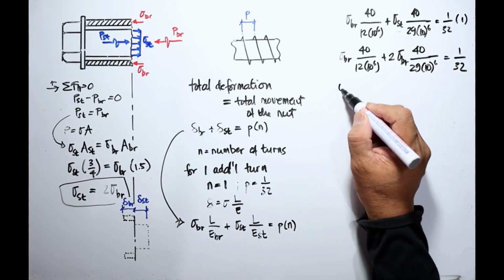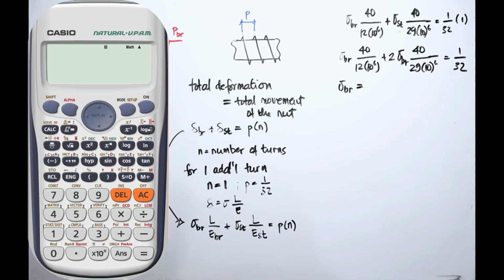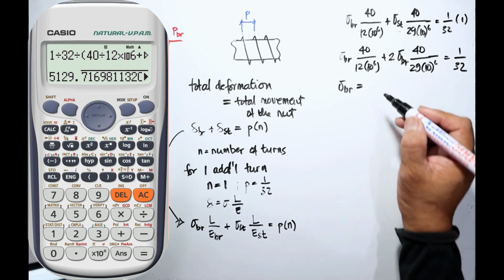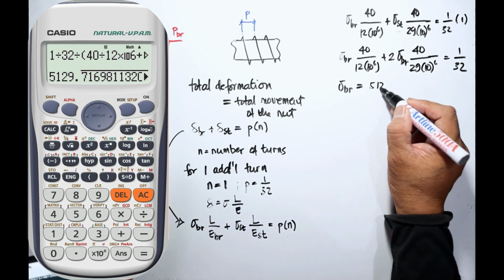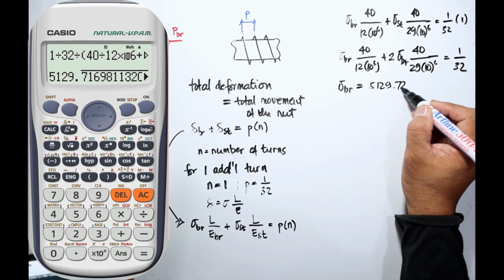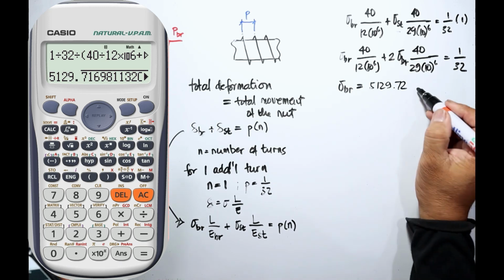So the stress in the bronze equals 1 over 32 divided by the quantity, the sum of this one, 40 divided by 12 times 10 to the 6 plus 2 times 40 divided by 29 times 10 to the 6, close parenthesis, equals 5,129.72 psi.